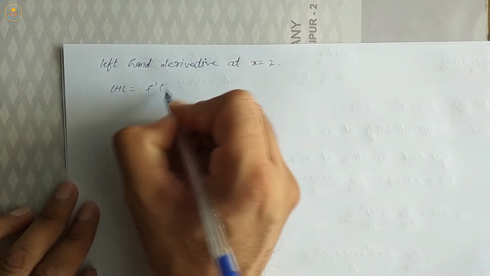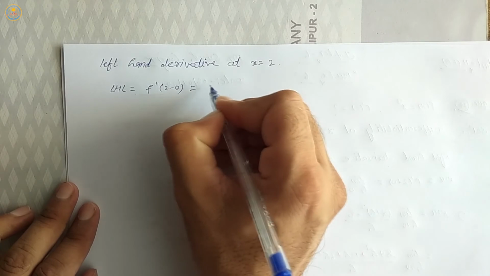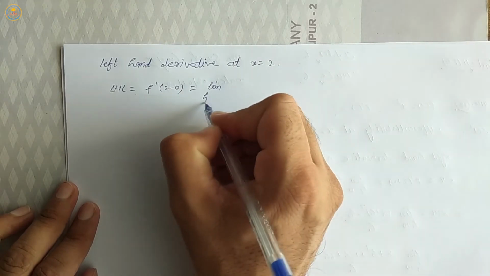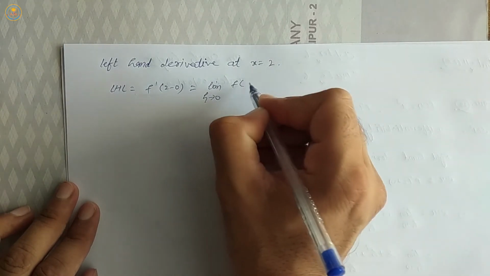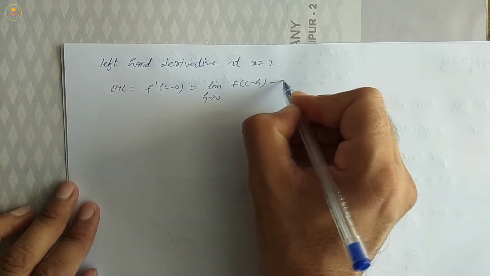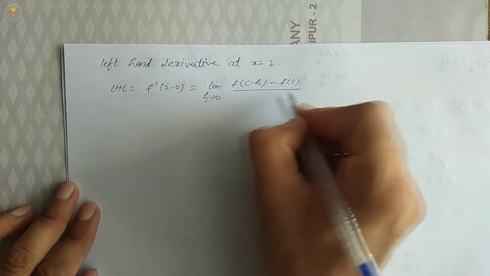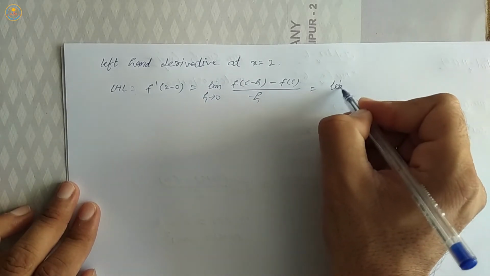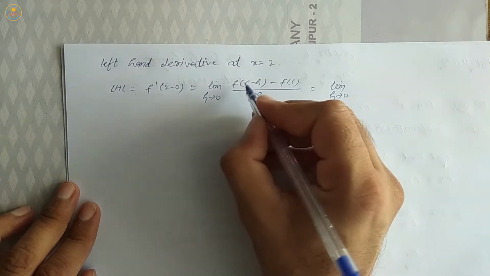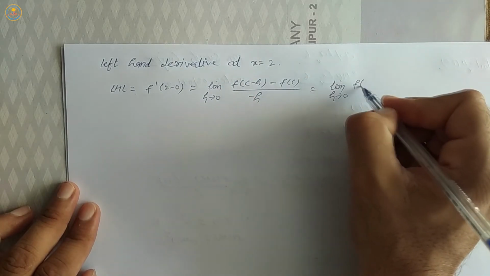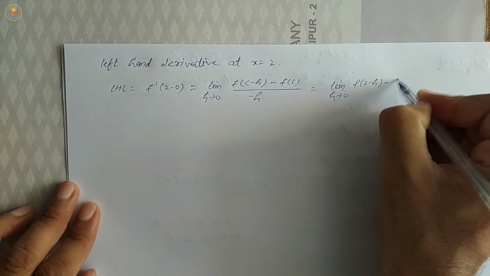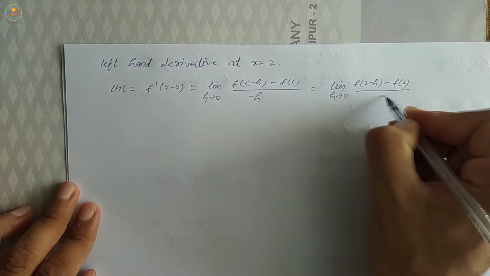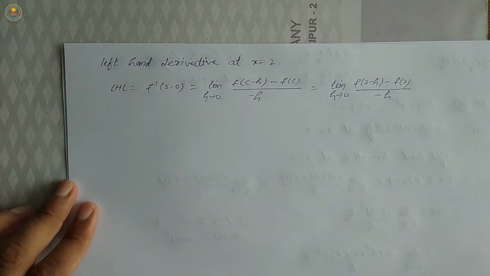LHL equal to f dash 2 minus 0 is equal to limit h tends to 0 f of c minus h minus f(c) by minus h, equal to limit h tends to 0, c is equal to 2, f(2 minus h) minus f(2) by minus h.